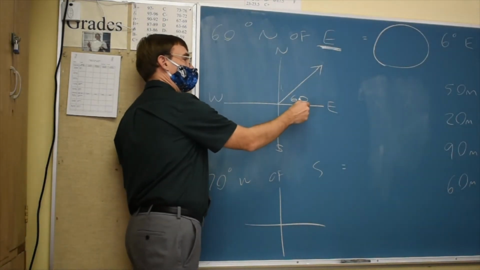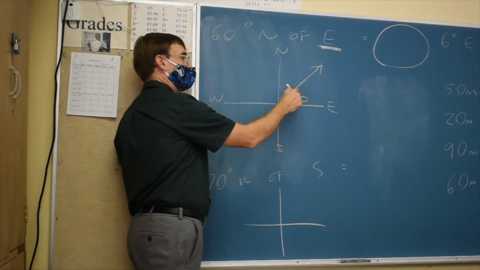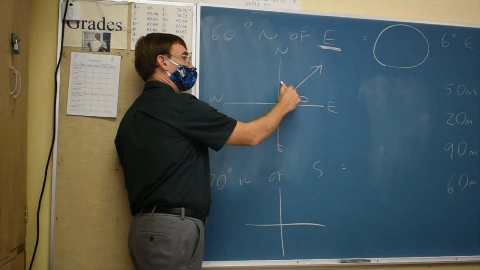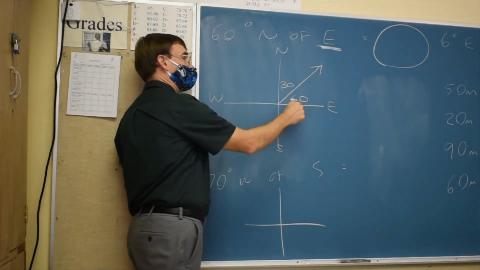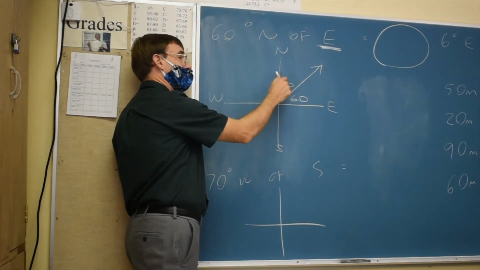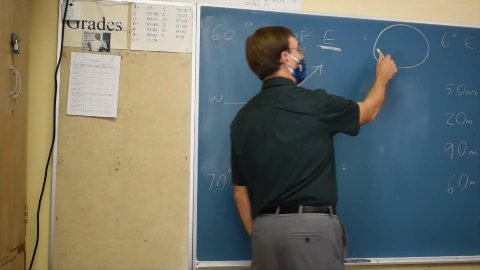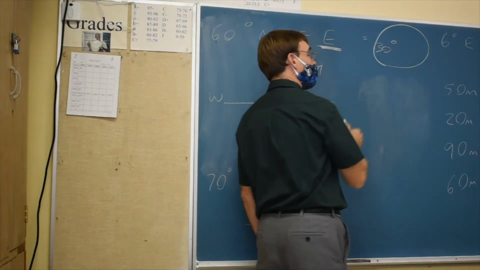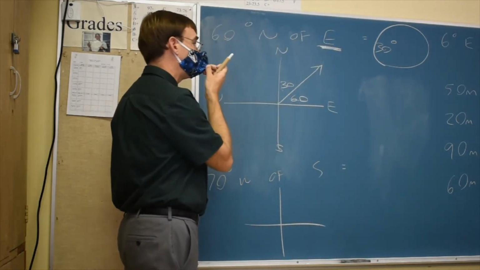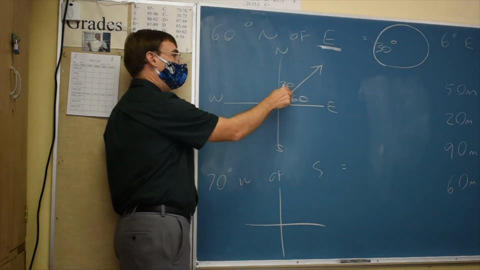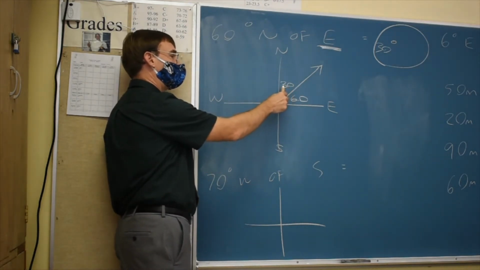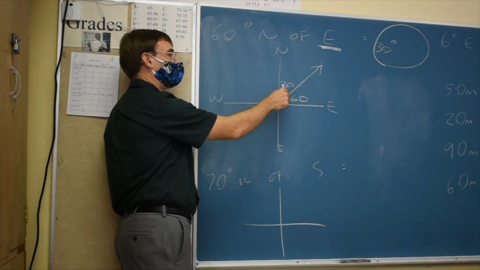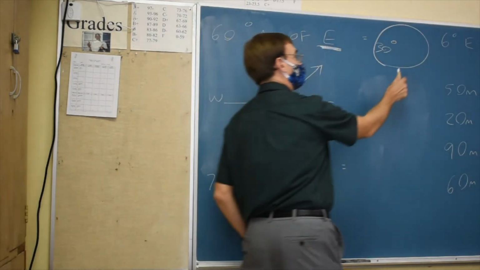Using geometry, if this is a 60, this is a 30, because these two have to make 90 to fill that quadrant. Someone else's paper might say 30 degrees, and their answer be just as good as yours. But where are they in the northeast world? They are east of north.